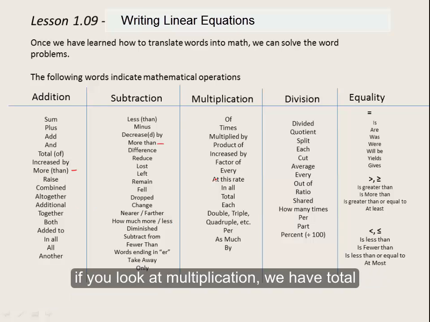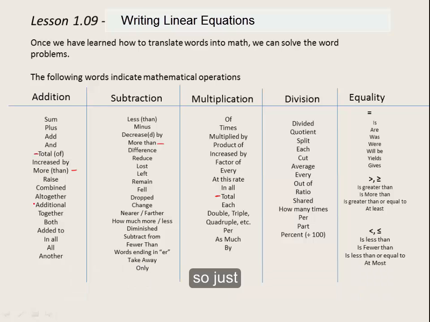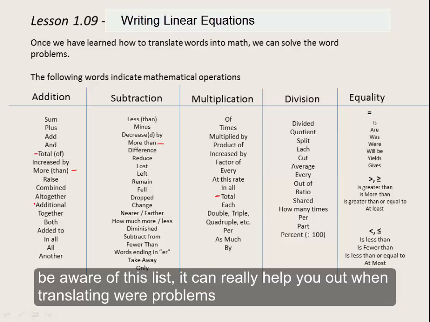If you look at multiplication, we have total, and in addition we have total. Again, you'll need to look for context clues to determine which operation it is that you need to do. So just be aware of this list. It can really help you out when translating word problems.